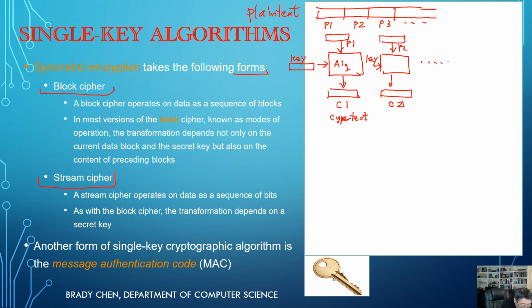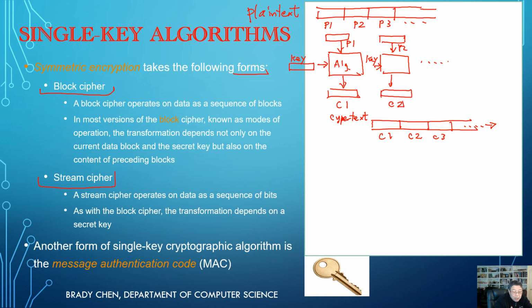Eventually, we generate a sequence of blocks of ciphertext. We concatenate the ciphertext C1, C2, C3, and then we send out these messages.